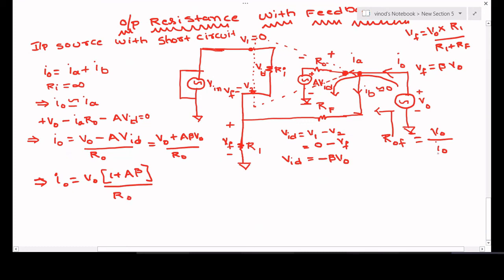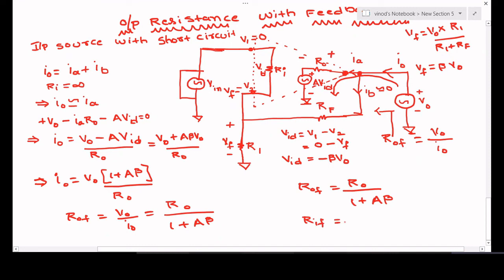So what is ROF? ROF is nothing but V0 by I0, right? So we have to take this to the other side: R0 by 1 plus A beta, right? So I am writing all the three expressions. ROF is nothing but R0 by 1 plus A beta, right?